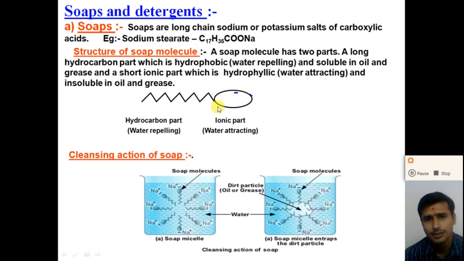The second, short part is a short ionic part. It contains the Na plus ion, sodium ion or potassium ion, and this part is the hydrophilic part. That means the ionic part of the soap molecule is a water-attracting part. The ionic part of the soap molecule is insoluble in oil and grease, right?